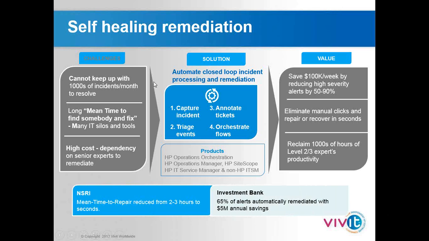And this has actually been put to use by many of our customers, and two of these references are here in front of you. In one case, the MTTR has been reduced from 2 to 3 hours down to just a few seconds. And this is one of the elements I was talking about in the challenges section, that business is looking to reduce MTTR and increase MTBF, right?